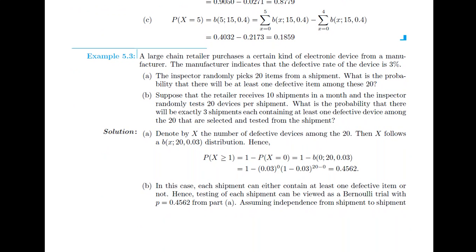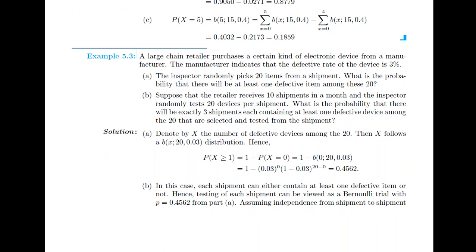Suppose that the retailer receives 10 shipments in a month and the inspector randomly tests 20 devices per shipment. What is the probability that there will be exactly 3 shipments, each containing at least one defective device among the 20 that are selected and tested from the shipment?